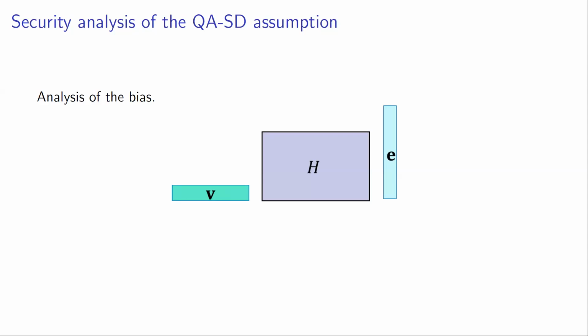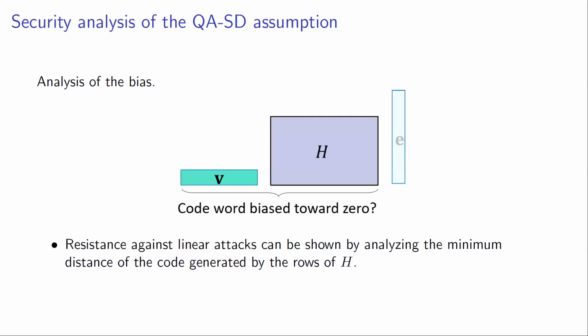Because E is a sparse vector, it boils down to showing that VH is not biased. And in fact, if the linear distance of the code generated by the rows of H is big enough, then you will be able to show that VH is not biased, and therefore you will ensure the security. And that is what we have done.